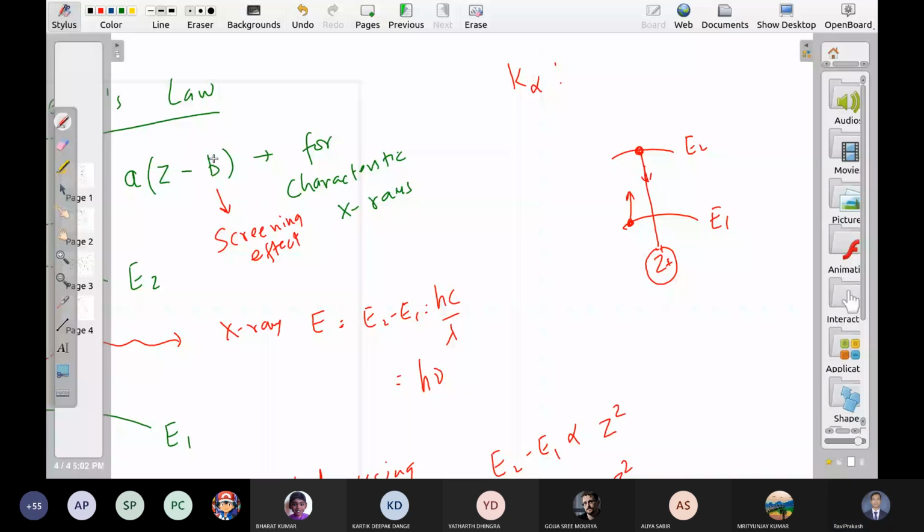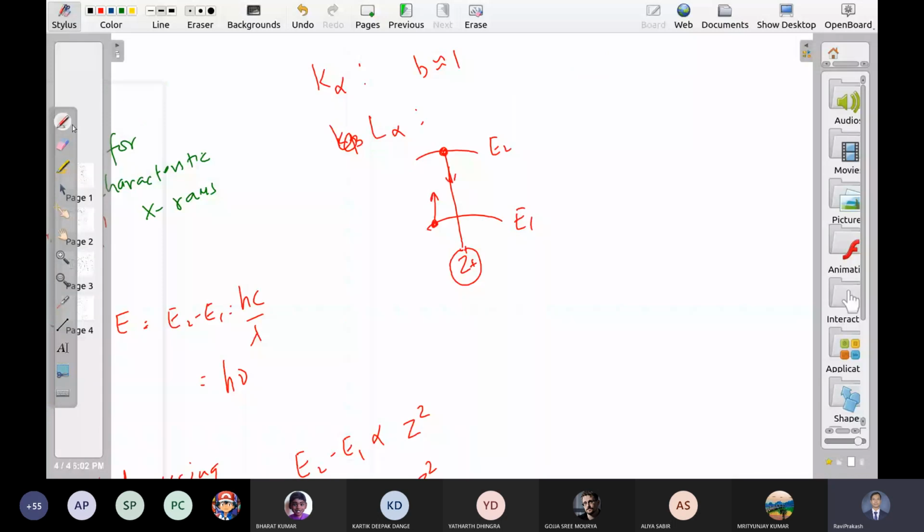For L alpha, what is the possible value of b? L alpha means electrons are jumping from E3 to E2. So we have attraction of Z positive charges, and we also have repulsion of 8 negative charges.